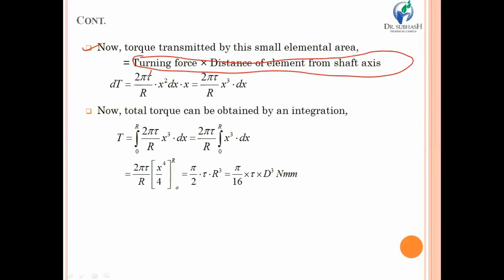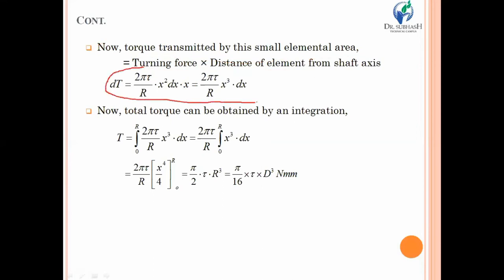So this is the turning force, 2 pi tau upon r into x square into dx, and this is the distance, as the small layer that we have considered is located at a distance x from the centroidal axis. By simplifying that relation, we can say that dT, the torque acting on the small elemental area, is equal to 2 pi tau upon r x cube into dx.